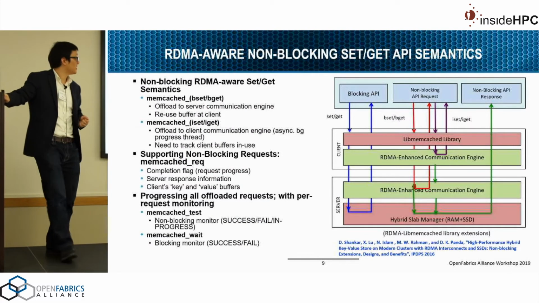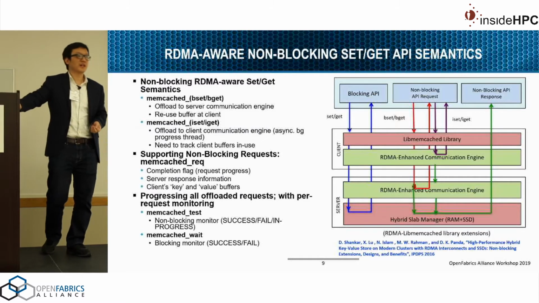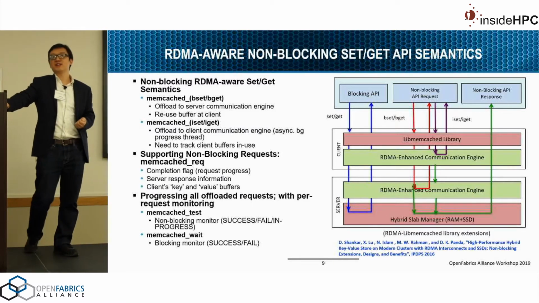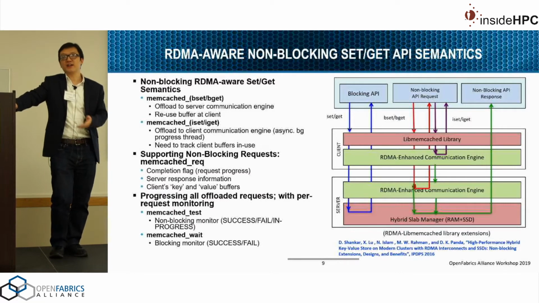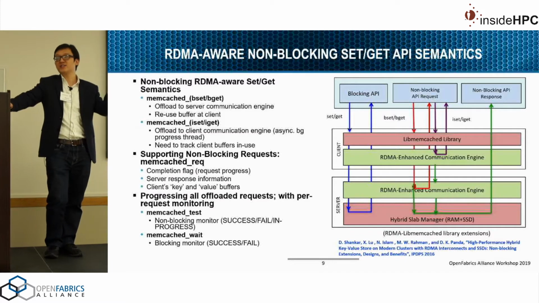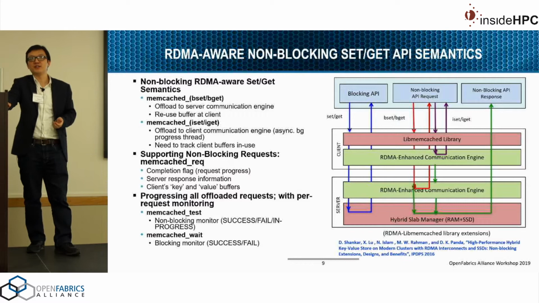What we see is that in many key value stores, including memcached, the default API semantics are designed for in-memory or DRAM cases, which means I don't have to wait too much time. If I want to do a memcached set or get, I'm assuming that I will get the results very quickly. That's why the semantic is blocking.